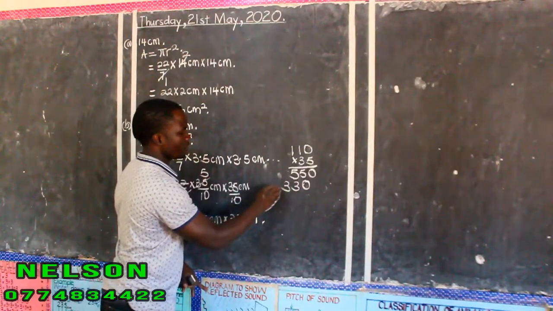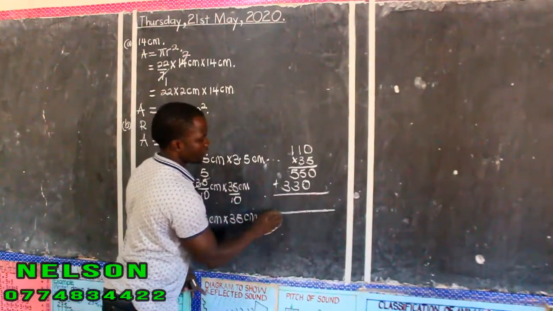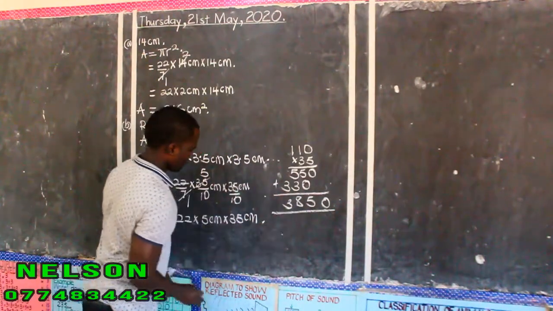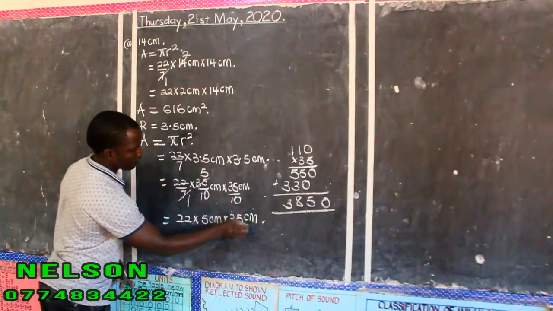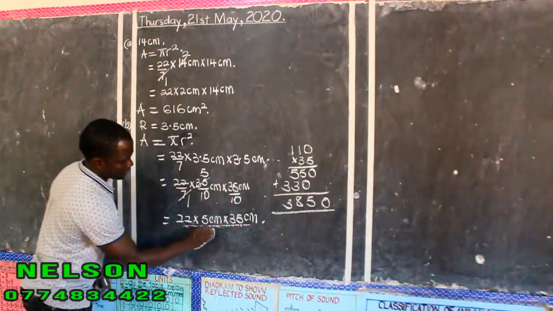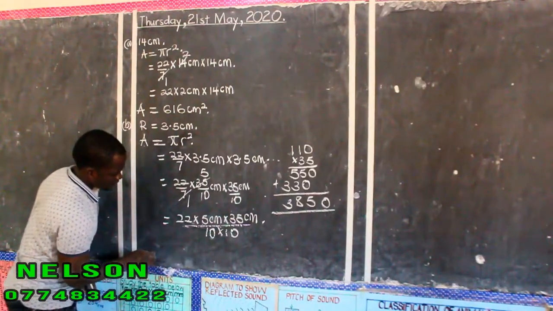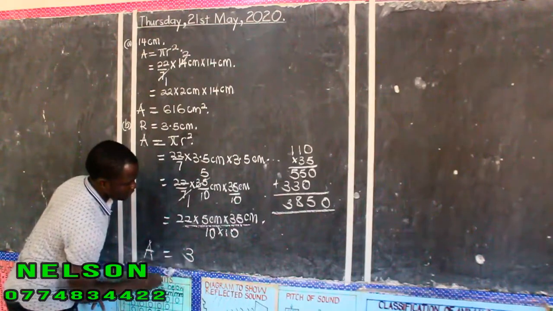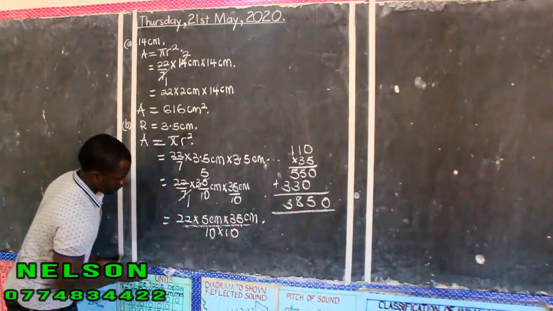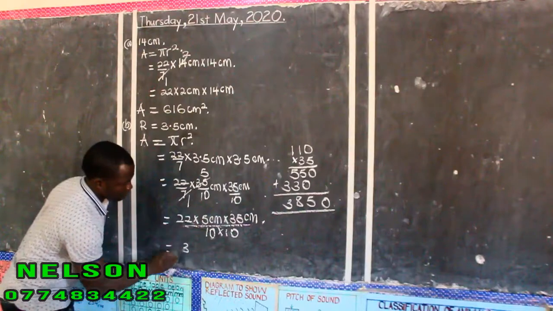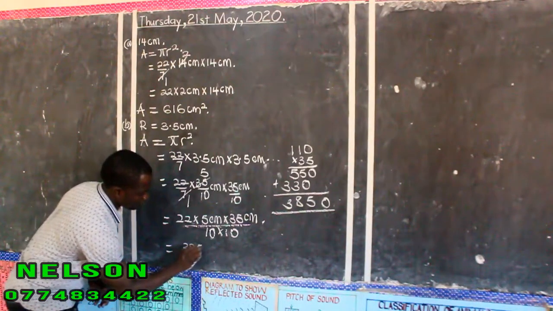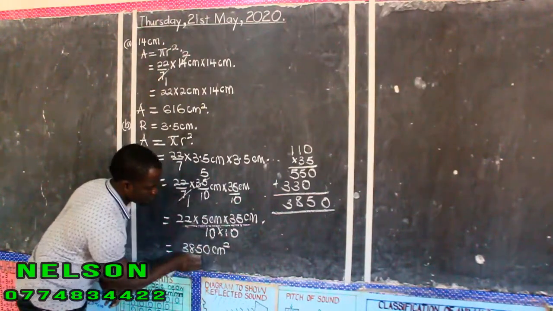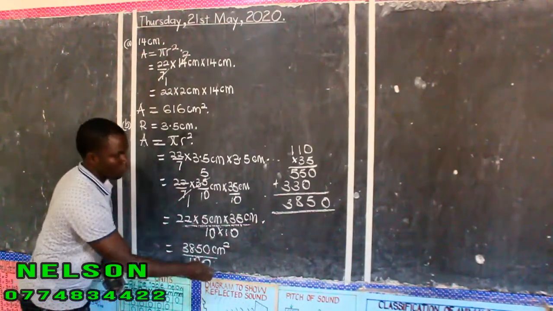Then we add. What do we get here? 0, 5, 8, 3. Here it was over 10 times 10. And here the area is equal to 3,850 square centimeters over 100.